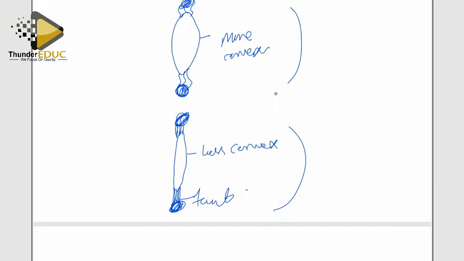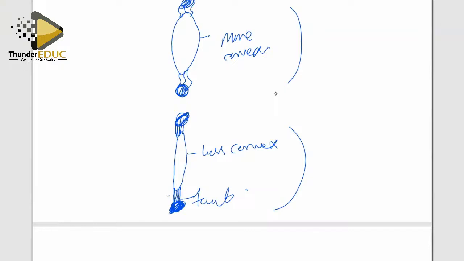In science, we call it antagonistic. They work antagonistically. Meaning that if this one contracts, the suspensory ligament must relax. If this one relaxes, the suspensory ligament must contract.